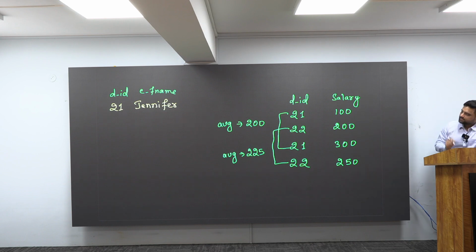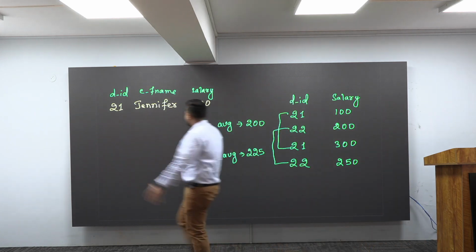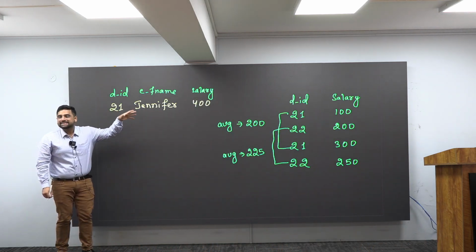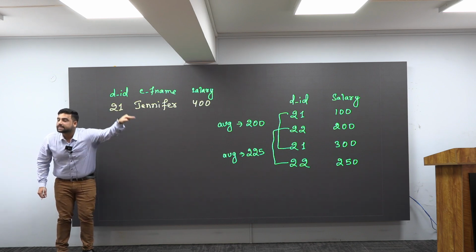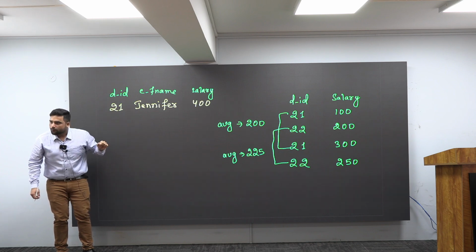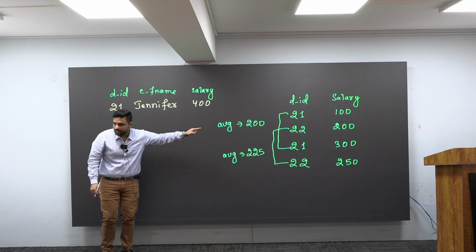And Jennifer is earning, for example, 400. Now, what do we have to find? We have to find employees who are earning more than the average salary of their department. She is one employee, and her salary is 400, which means she is earning more than 200. Understood?